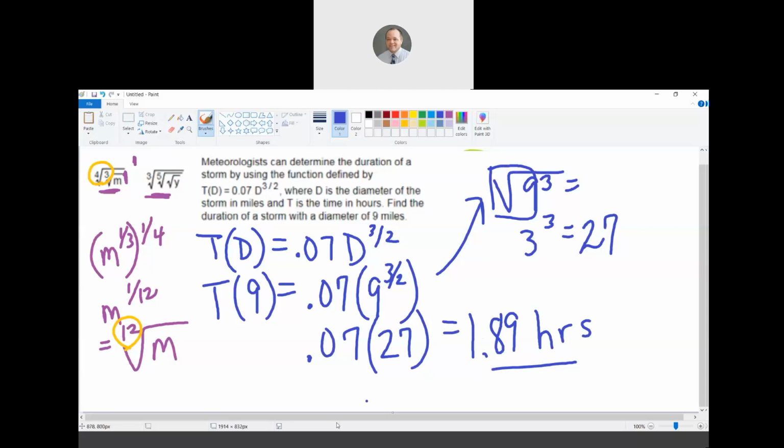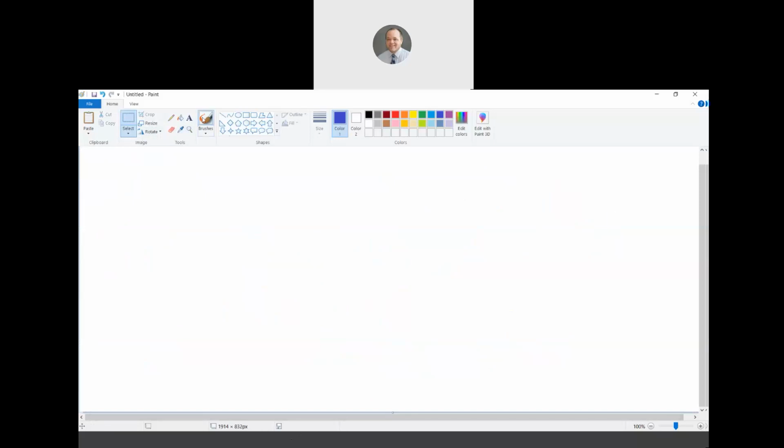Another thing you'll see in this same section is if you're given a radical and you have to simplify it. For example, we have the 10th root of x raised to the 90th power.